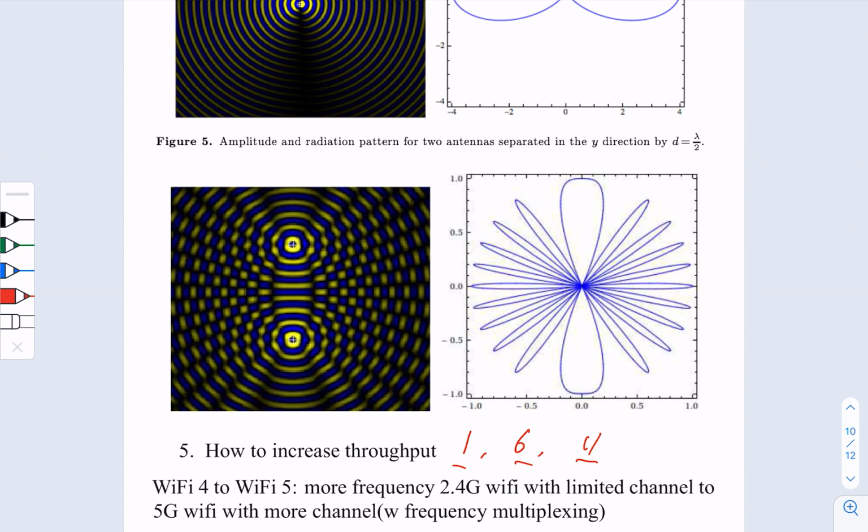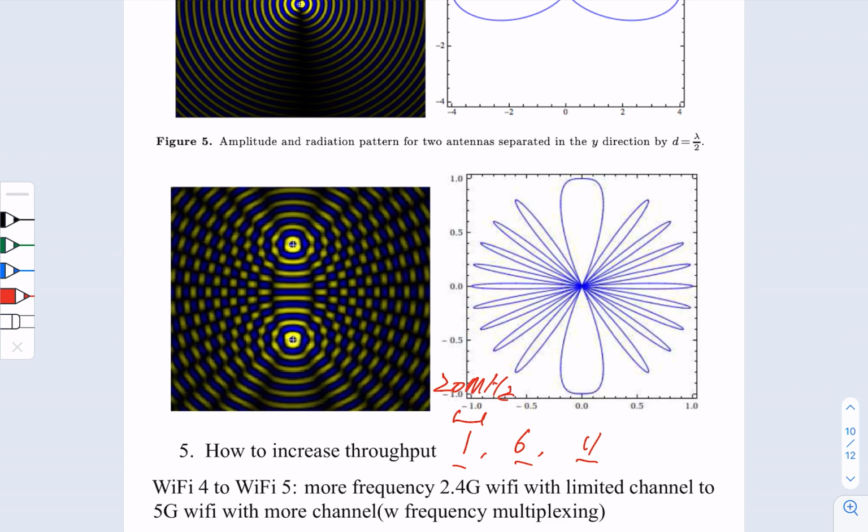We are talking about a set of frequencies of about 20 megahertz around channel 1, and a set of frequencies around channel 6. And we can carry a certain amount of information in one channel.